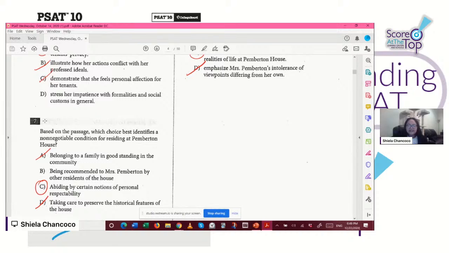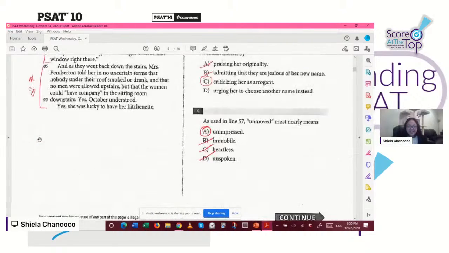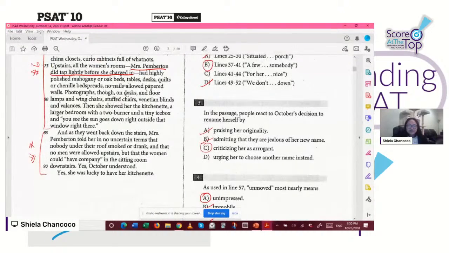7. Based on the passage, which choice best identifies a negotiable condition for residing at Pemberton House? Okay, remember those rules I was talking to you about? Very good segue to question 7. After she had barged into the house, she then said all the terms for living in the house.